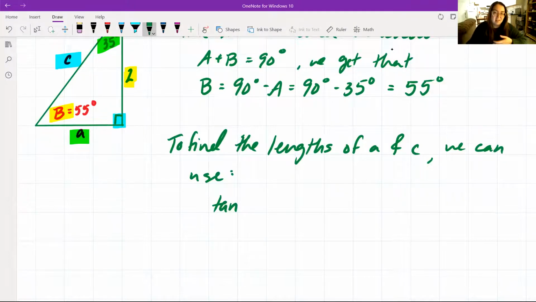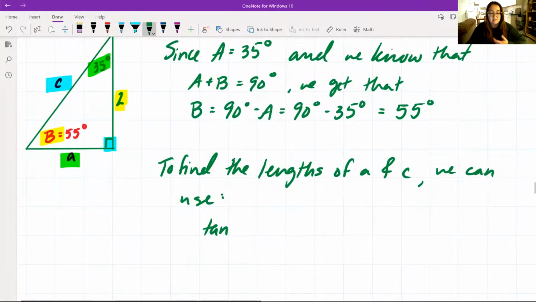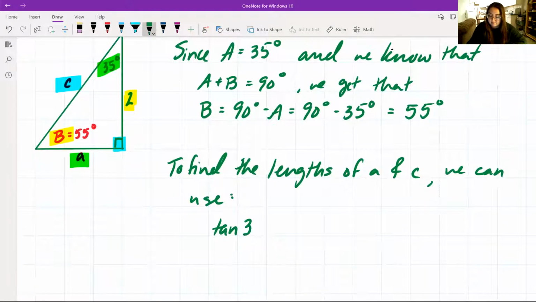So tangent of theta is going to be equal to side A divided by side B. The angle that we want to think about here is, let's say, tangent of 35 degrees. If we pick tangent of 35 degrees, this means that our opposite value is A, and our adjacent value is 2. So tangent of 35 degrees is going to be equal to A over 2.